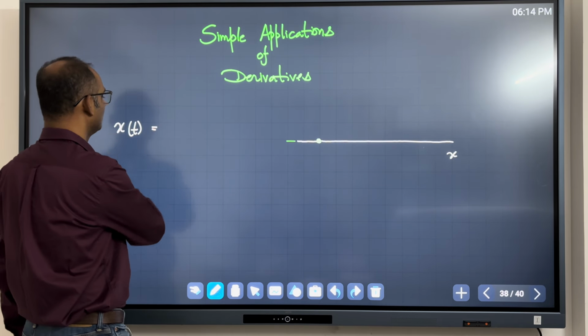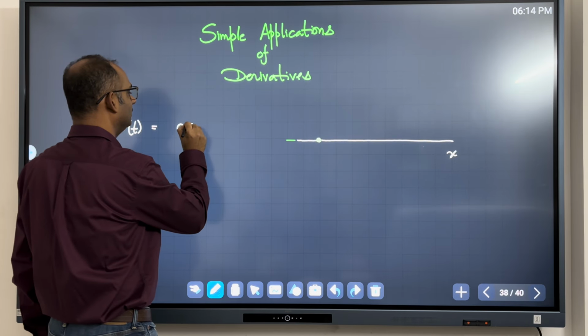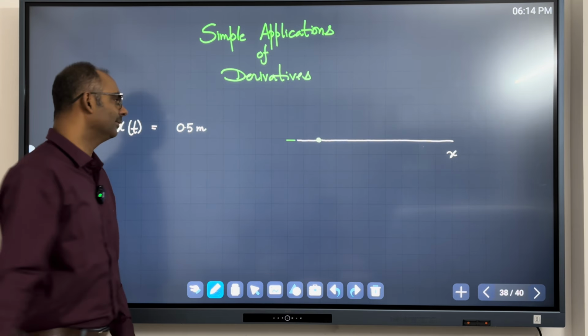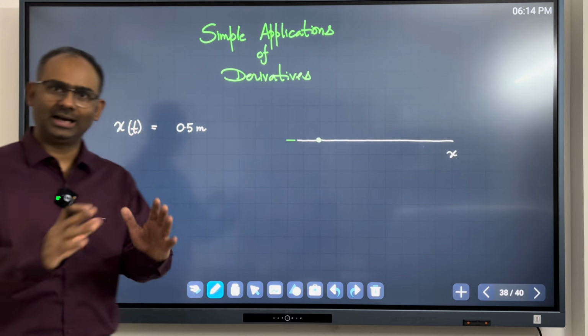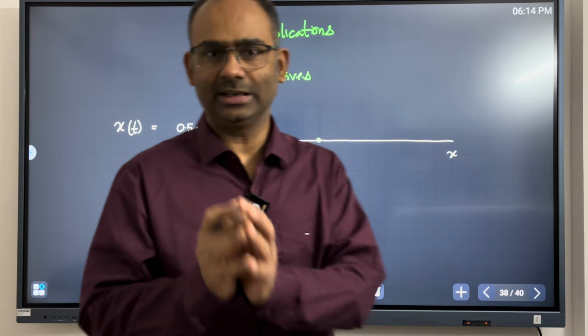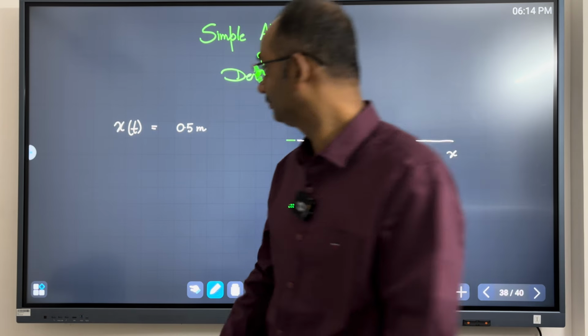So for example, x of t could be 0.5 meters. So that's a constant, meaning as time passes by, this guy is just sitting at that location, 0.5 meters. It does not move.